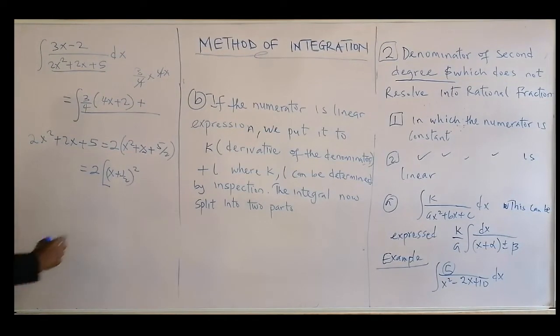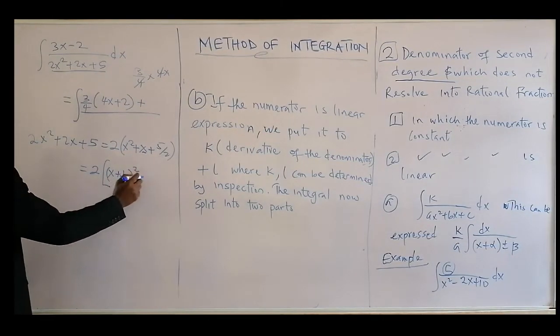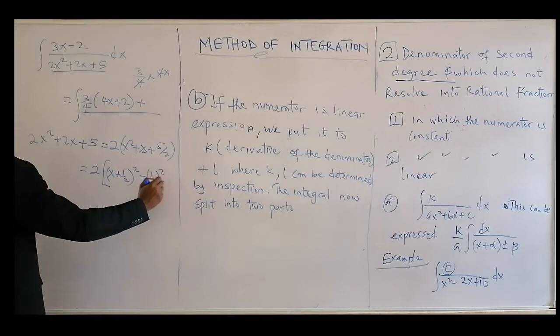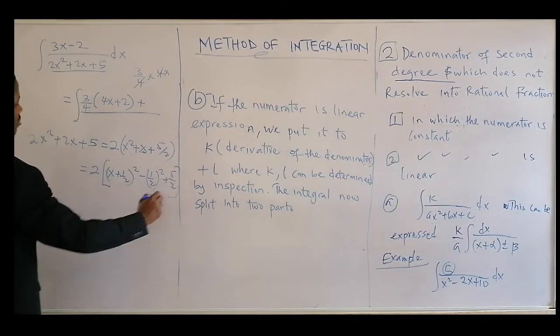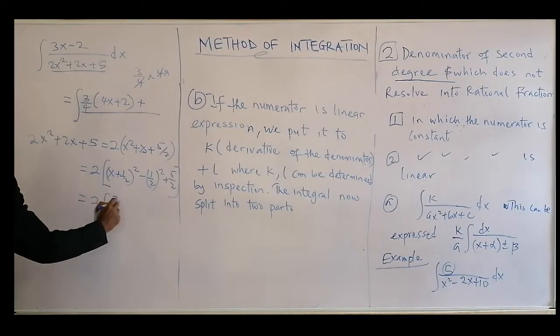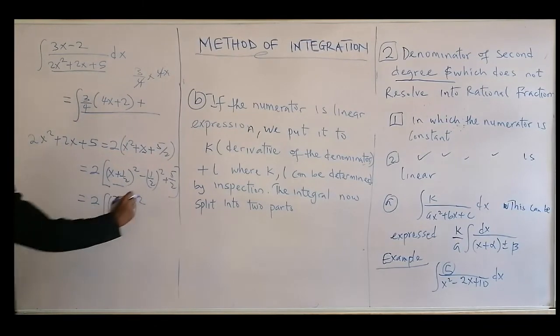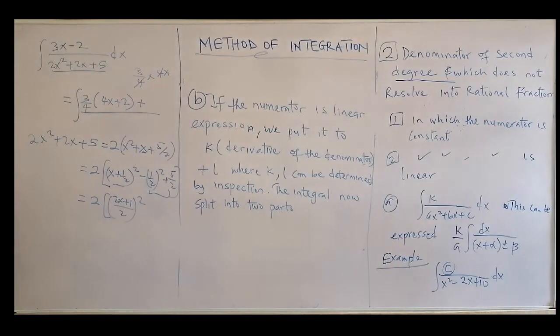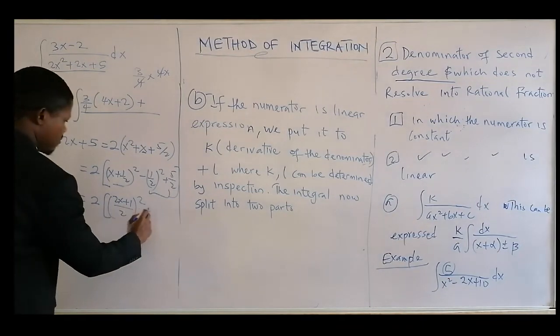Then take what you are adding out, subtract that also, and plus 5 over 2. Okay, then 2 into bracket, this will be equal to x plus 1 over 2 squared for this one. Then these two will give us minus 1 over 4 plus 5 over 2. That's giving us 9 over 4.